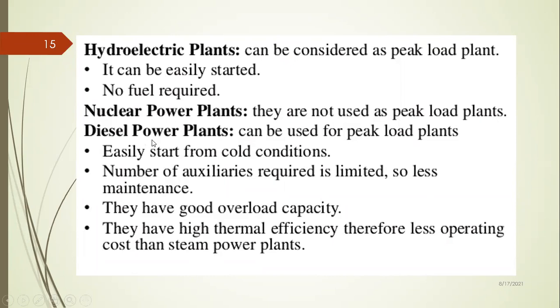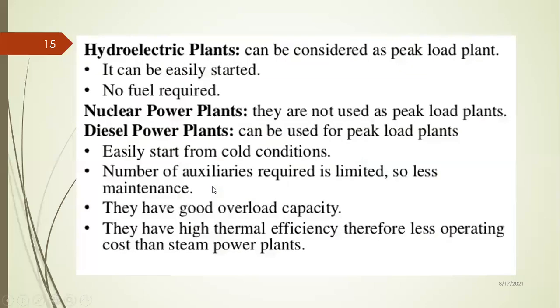These are the best suitable for peak load power plants, because they easily start from the cold conditions, and the number of auxiliaries required is limited, so less maintenance is there. They have good overload capacity. They have high thermal efficiency, therefore less operating cost than the steam power plants. So generally the power plant that is used as a peak load power plant is the diesel power plant.